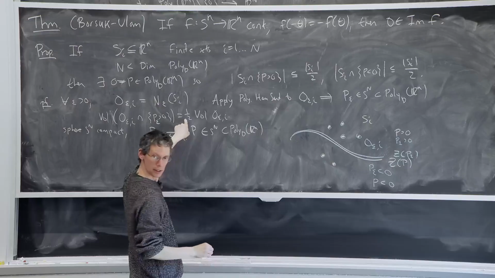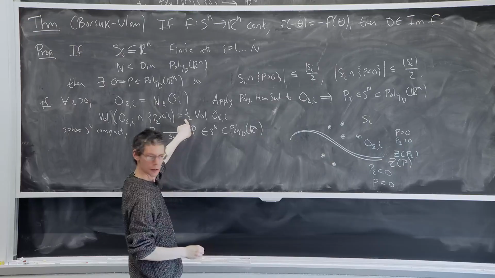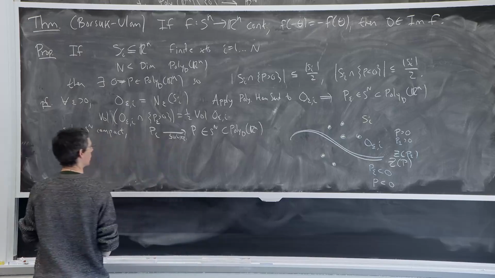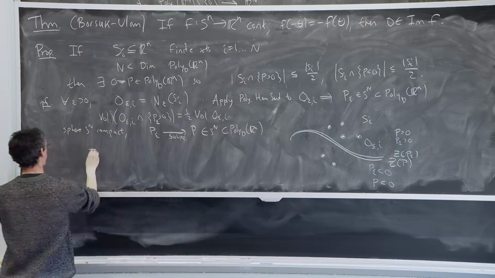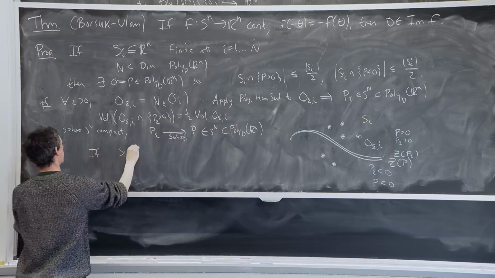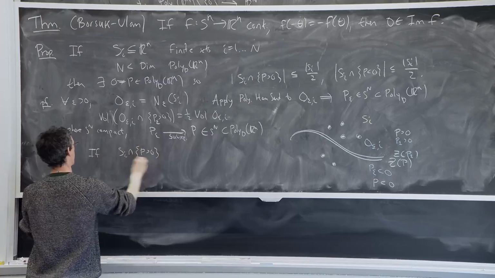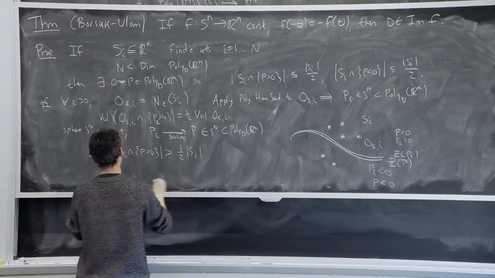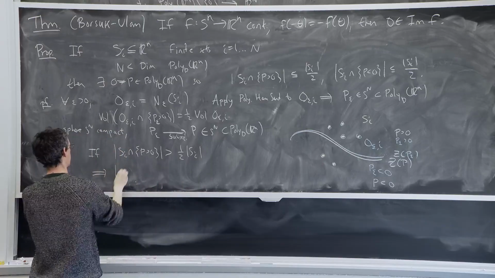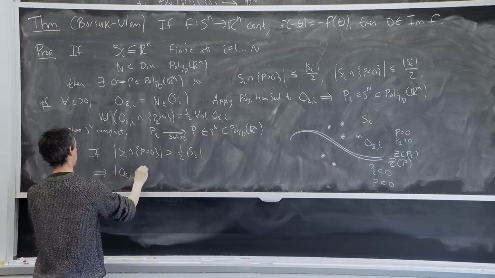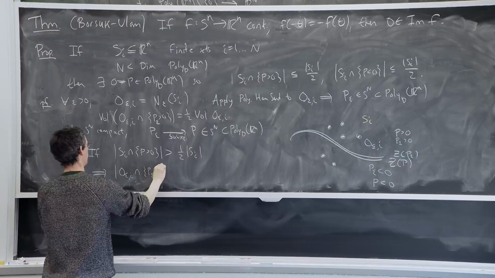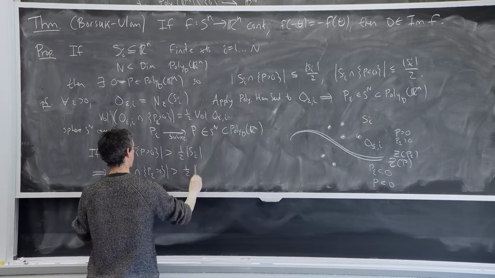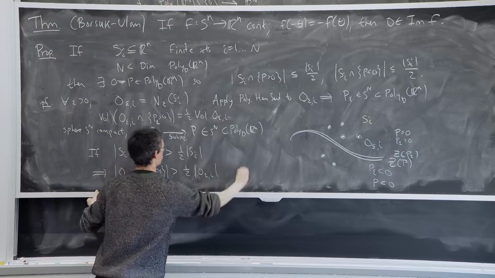And that violates this. So if Si intersect P positive was strictly greater than 1/2 of Si, then we'd have O epsilon I intersect P epsilon positive strictly greater than 1/2 of O epsilon I. Contradiction.